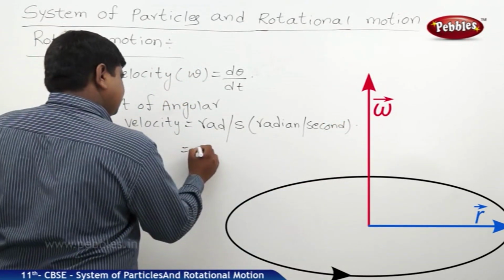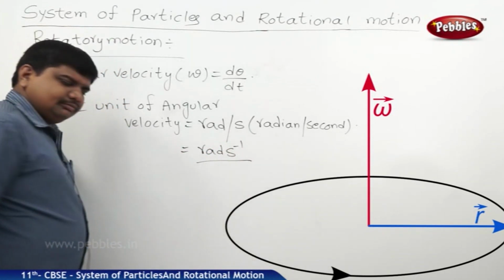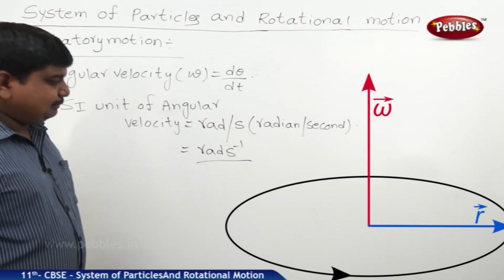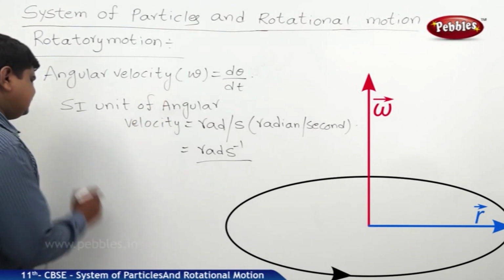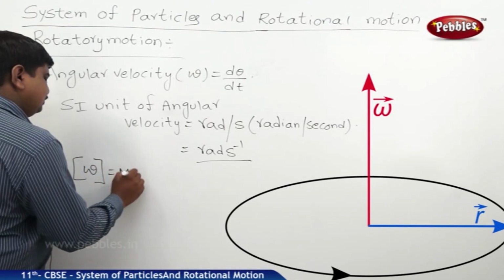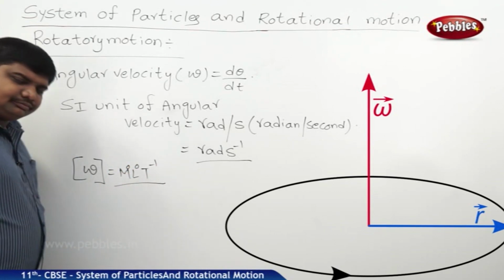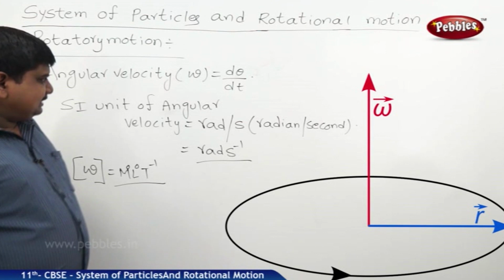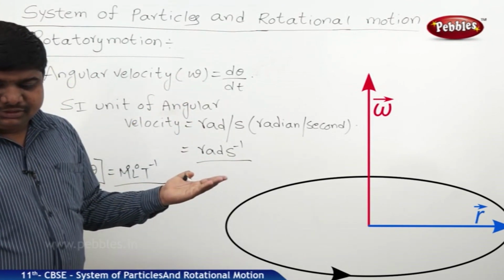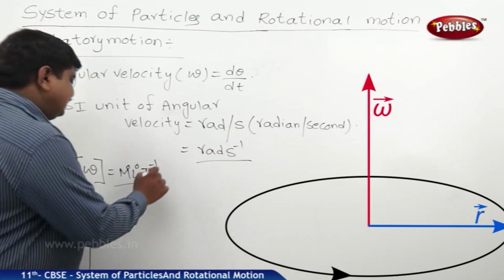It is also represented as radian second inverse. This is the SI unit of angular velocity of a rotating body. If you want to see its dimensional formula, it is M power 0, L power 0, T power minus 1, because angle is unitless. So M power 0, L power 0, T power minus 1 is the correct dimensional formula for angular velocity.